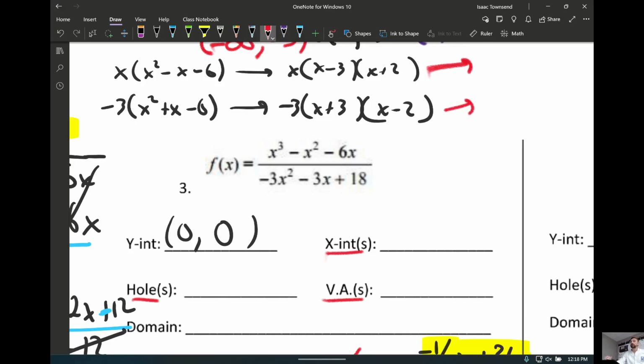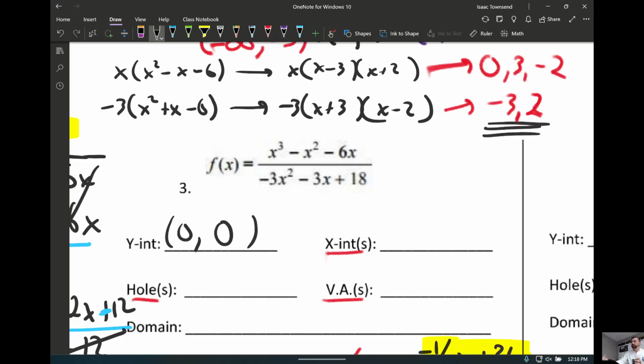If I set each factor equal to 0, there's 3 numbers that make the numerator 0, 2 numbers that make the denominator 0. Negative 3 never equals 0, so that doesn't give us 1. Now, of course, that takes a minute to do, and you don't need to try to factor as fast as I do. But at the end, a second you get that done, you should be able to answer these very quickly now.